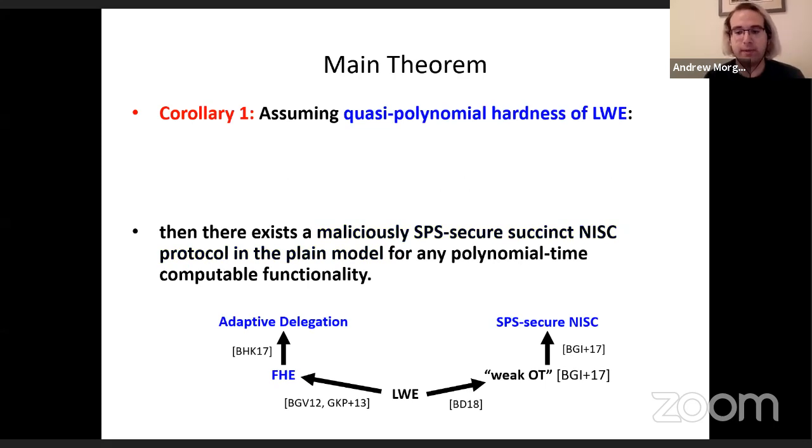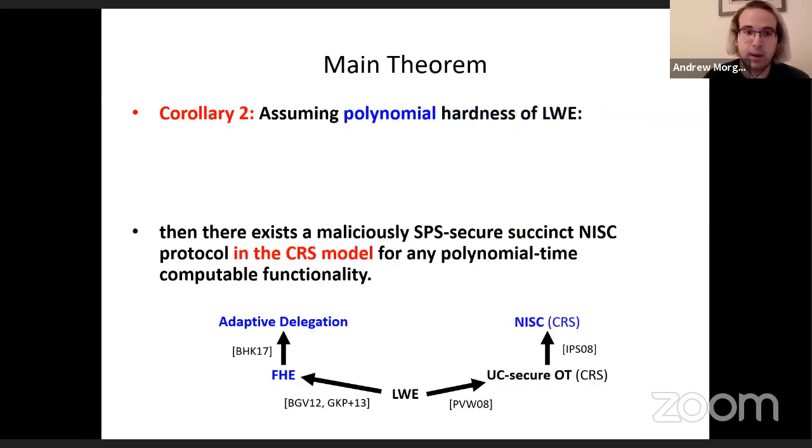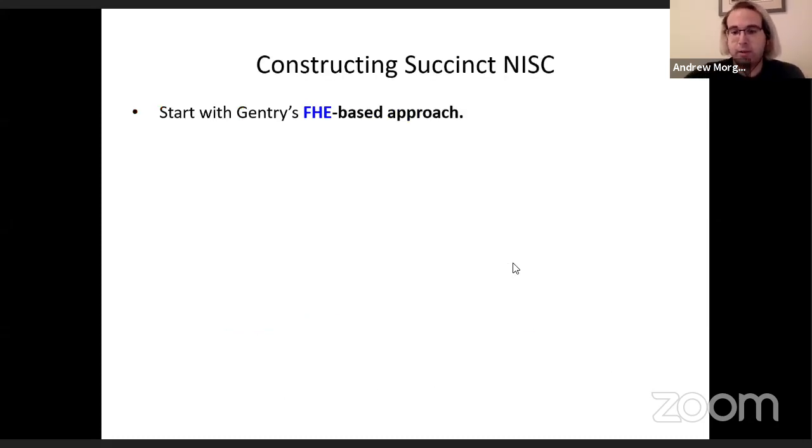Also, all of our primitives can be based on quasi-poly hardness of learning with errors, meaning that our protocol itself can as well. Furthermore, in the CRS model, we can instantiate non-succinct NISC with polytime simulation based on polytime hardness of LWE, and we can use that to likewise get a succinct NISC with polytime simulation in the CRS model, which is also based on polytime hardness of LWE.